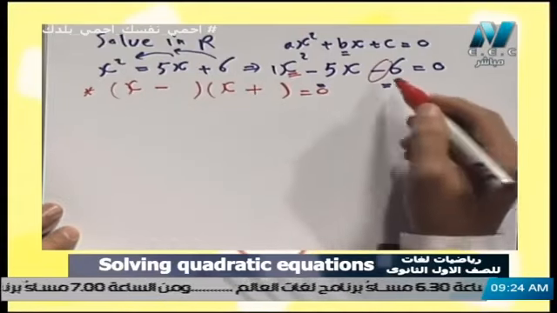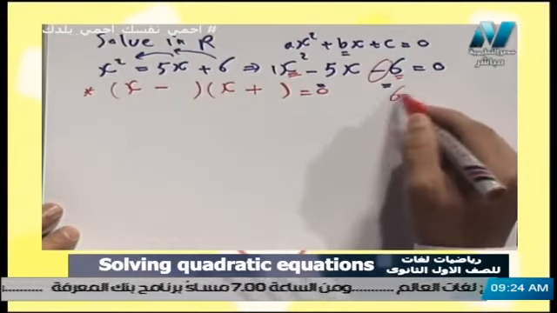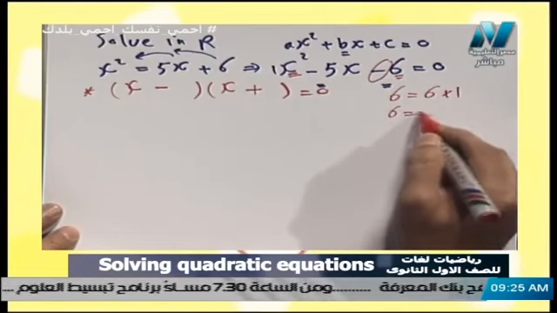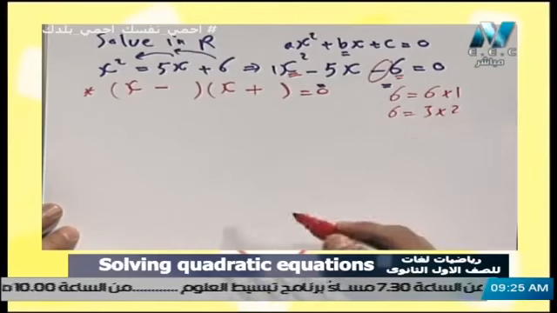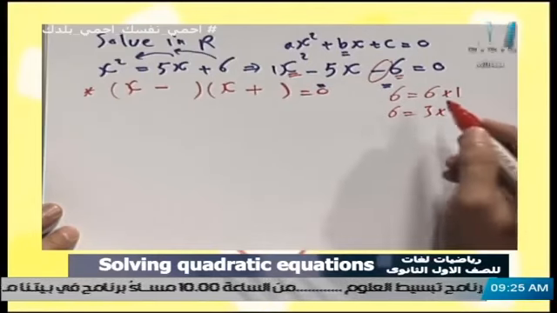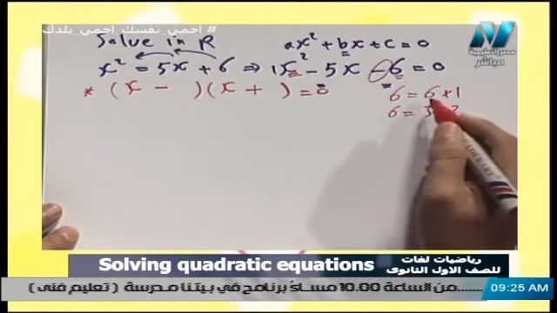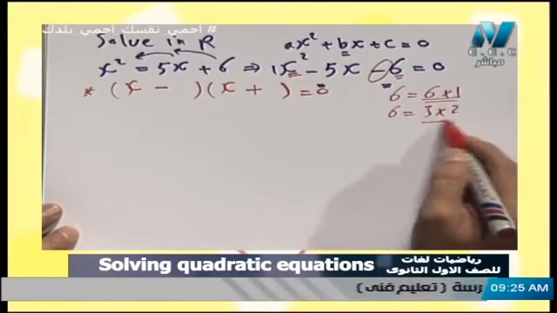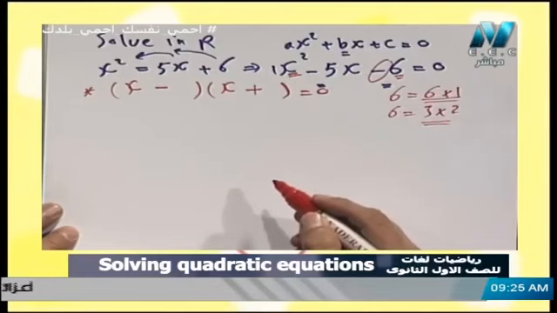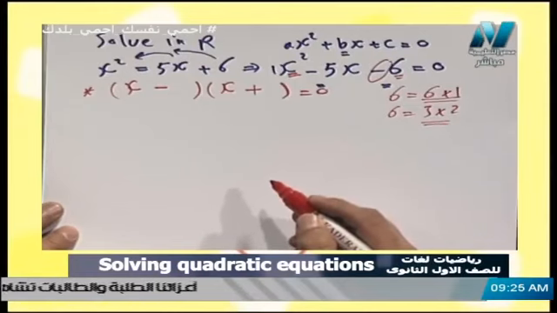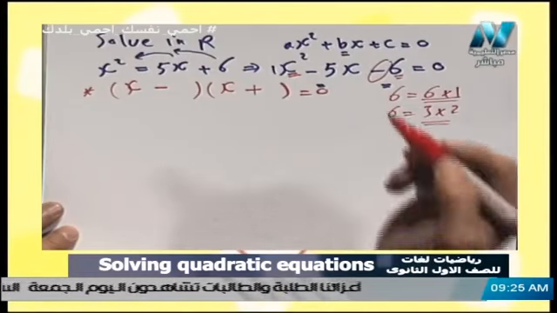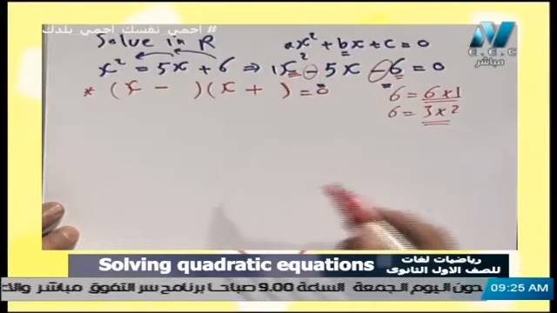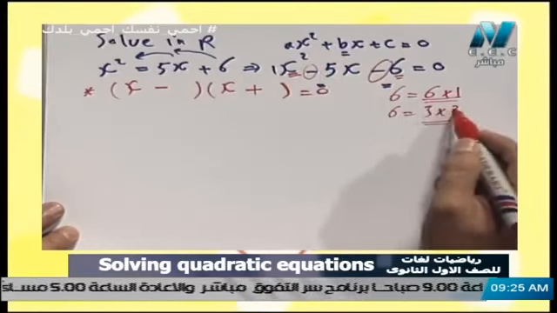Okay, 6 here can be 6 multiplied by 1 or 3 multiplied by 2. What will we put here in the solution, is it 6 multiplied by 1 or 3 multiplied by 2? We will choose. By any method we choose, we have negative in the middle term. That means that we have to subtract these two numbers.